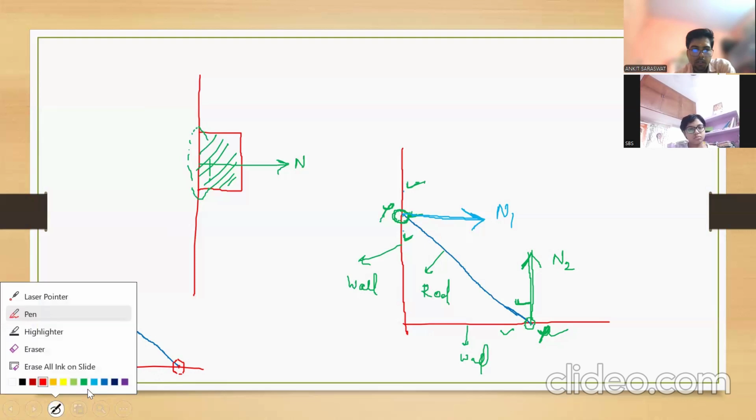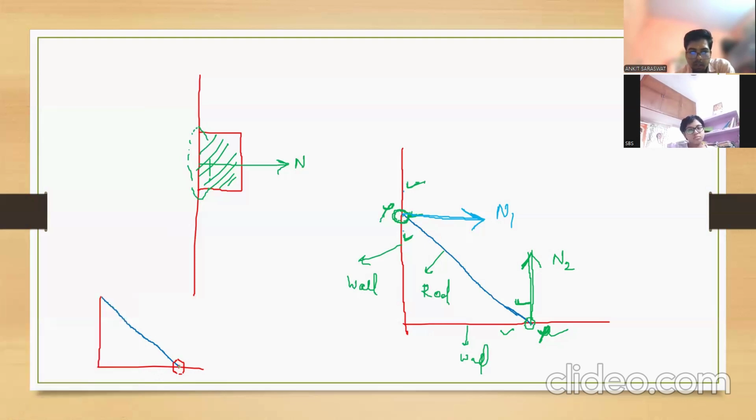Can you please tell me how to find the direction of normal here? If you look at this surface in contact, this red surface, here wall is there, here rod is there, but there is no rod here. Then it will be perpendicular to the wall.